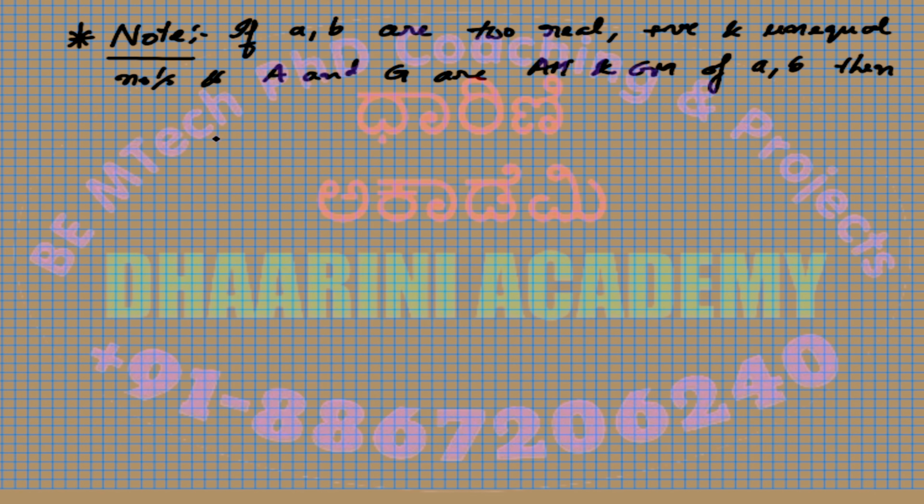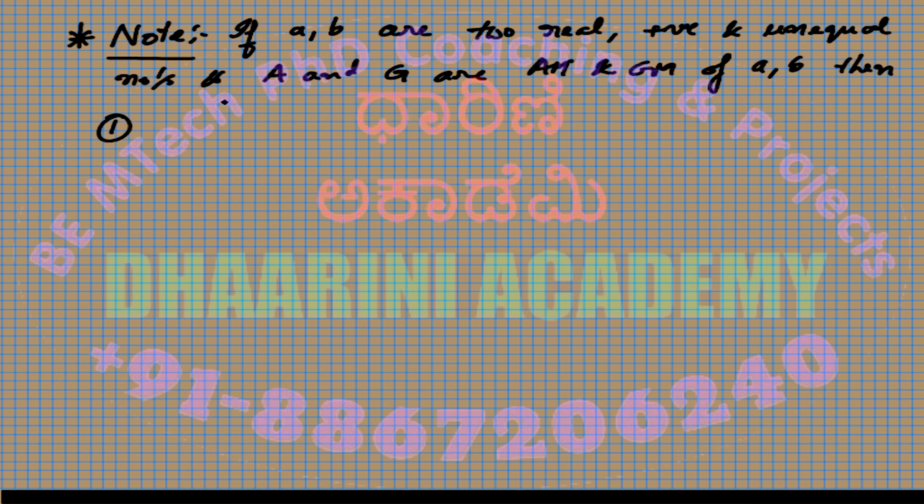Okay, then the first point to remember: a, b are the roots of the equation given by x square minus 2 times capital A times x plus G square equal to 0.